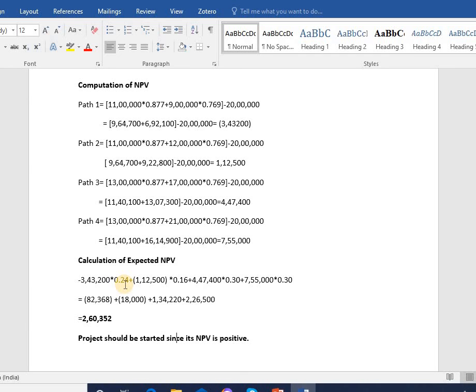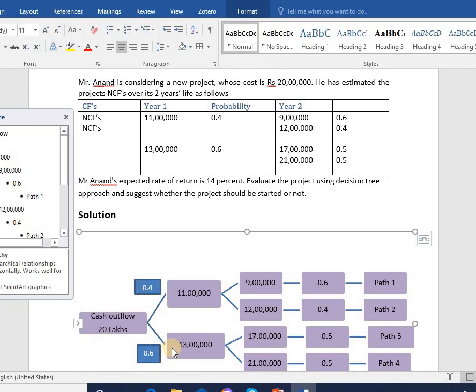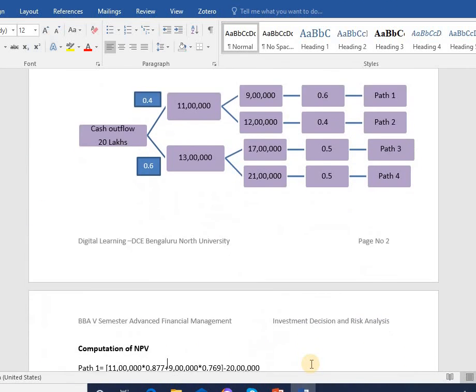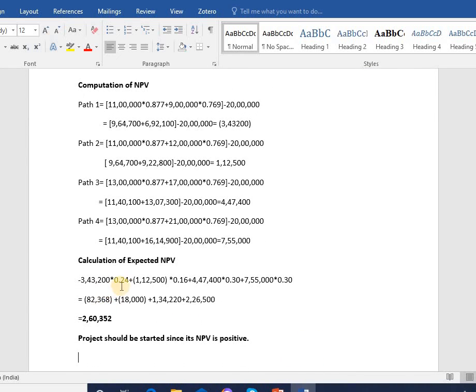How did we get 0.24? It is 0.4 into 0.6. Next is 0.4 into 0.4, the third is 0.6 into 0.5, and the next is 0.6 into 0.5. So minus 3,43,200 into 0.24, plus 1,12,500 into 0.16.